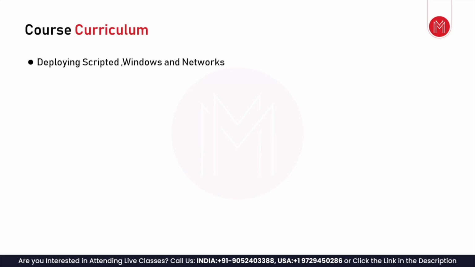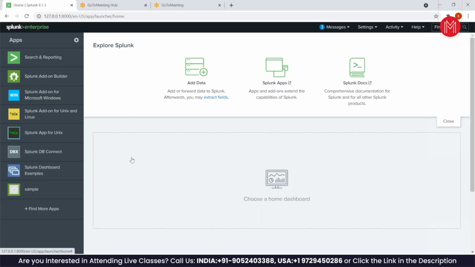For example, if I talk about different data onboardings in Splunk, we have different data mechanisms. The first one is the universal forwarder, where we install a universal forwarder agent and get the data into Splunk. The next ones are different data inputs like HEC, scripted inputs, or network inputs.